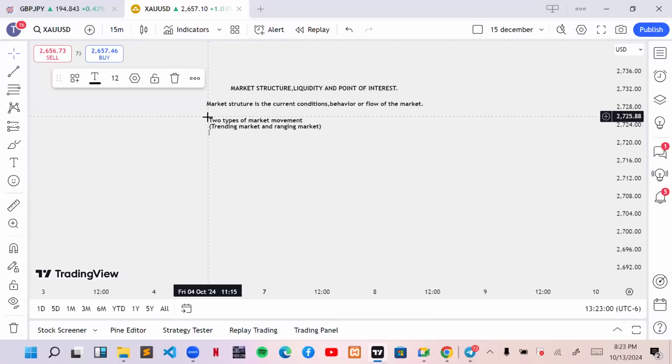So there are two types of market movements, the trending market and the ranging market.